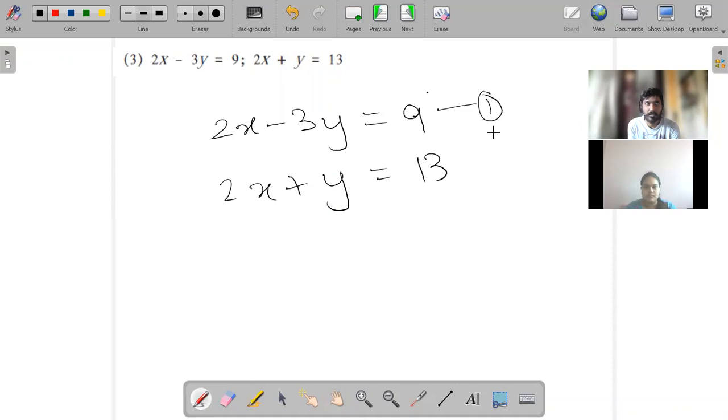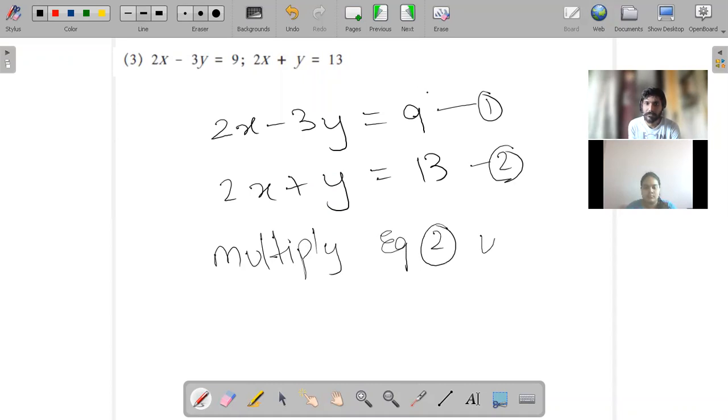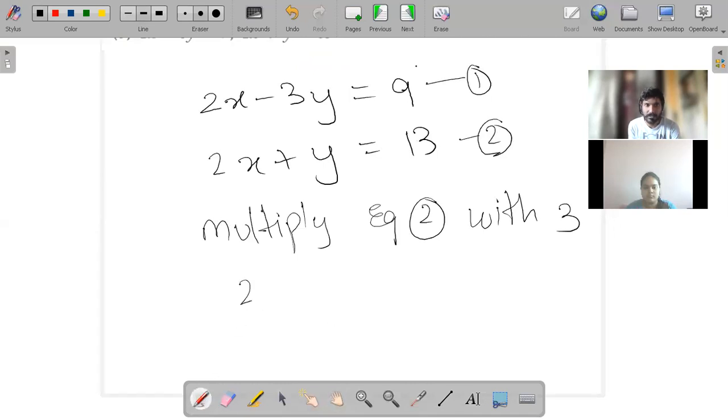Yes. So you write here: multiply equation 2 with 3. Okay. So first equation as it is, 2x minus 3y is equal to 9.